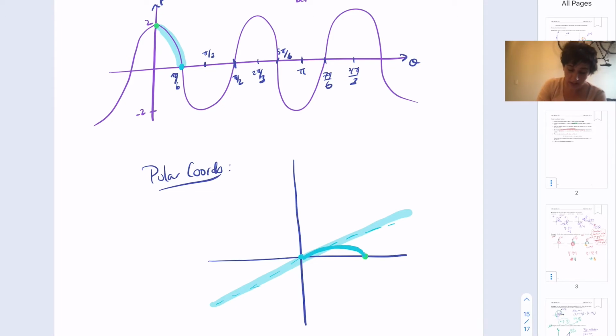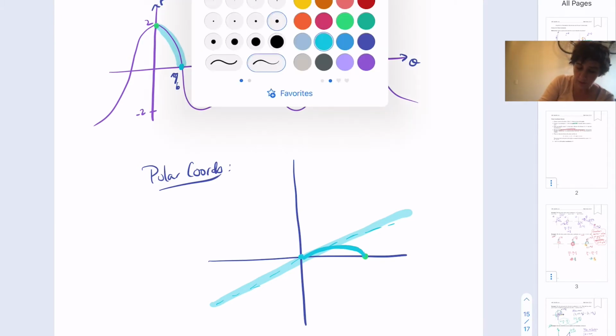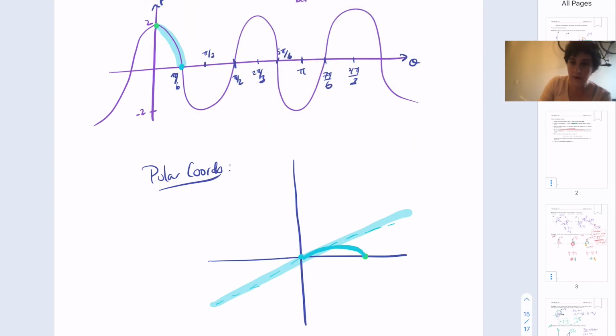Well, we are going to start getting negative r values, okay? Like this point here that we're interested in, that's at pi over 3. So that's this ray, okay?